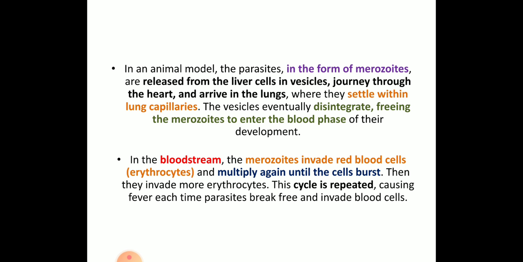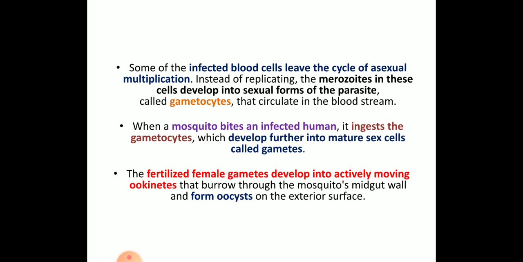Once settled, they are transmitted from one region to another by the blood circulation, and this cycle is repeated. Later the infected blood cells leave the cycle of asexual multiplication and develop into parasitic forms called gametocytes, which enter the sexual phase.